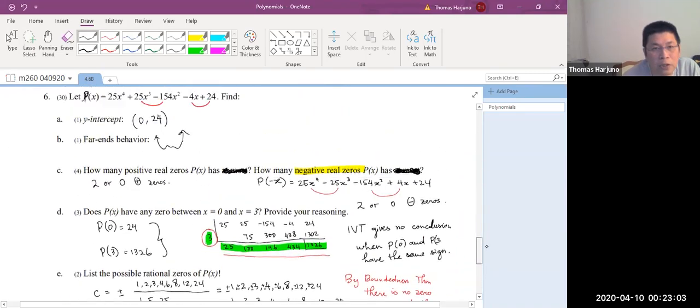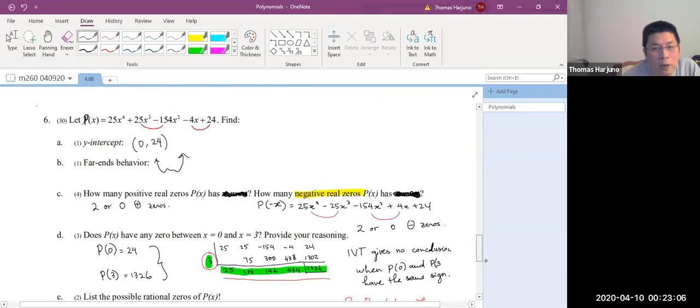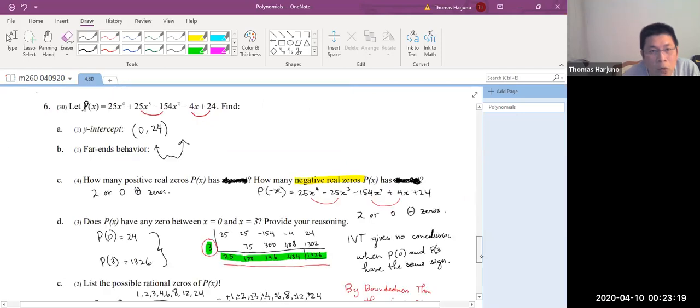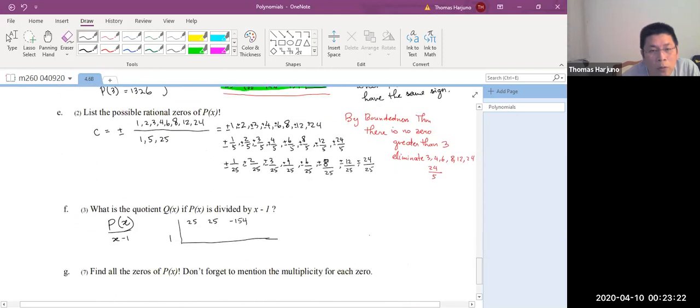The coefficients are 25, 25, 25, 25, negative 154, negative 4, 24. Let me ask you to do this synthetic division. You do it, I do it too.